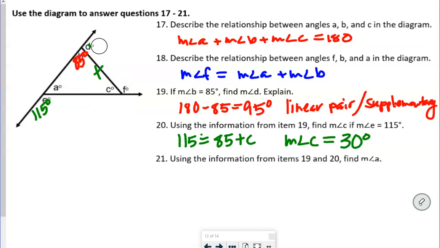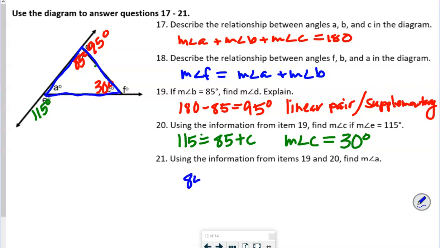Okay. So now I'm going to put that 30 degrees up there so that we have it. Let me see. So what else do we have? We have 95 as well, don't we? So the measure of angle D was 95 degrees. So let's put that out there, 95 degrees, okay? And then we have now C, which is 30 degrees. Then it says, using the information from 19 and 20, find the measure of angle A. So hopefully you can see that the three of these form 2 of 3 angles inside the triangle, right?